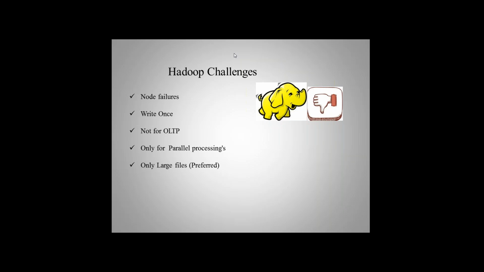Yeah, hello. Sorry. So whatever file you uploaded to the cluster environment, you cannot edit that. Let's say you uploaded a file having 1 million records. You cannot update a few records in that specific file.